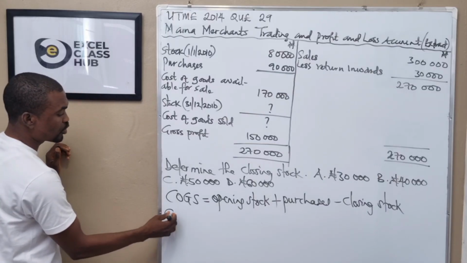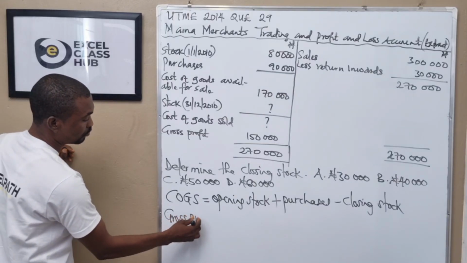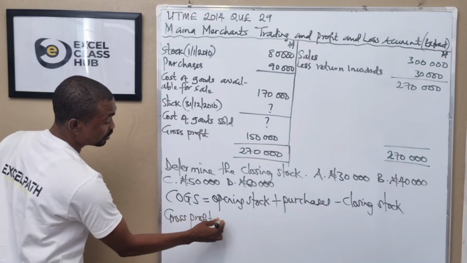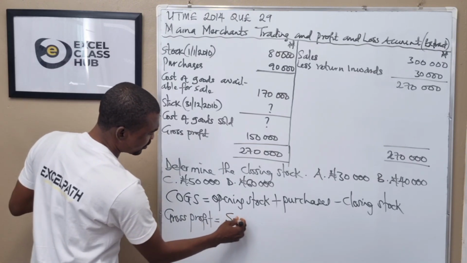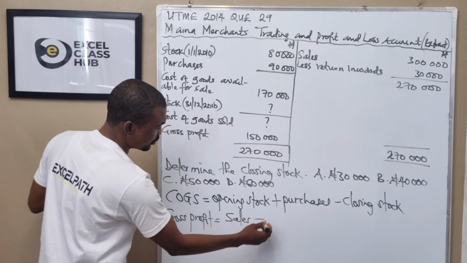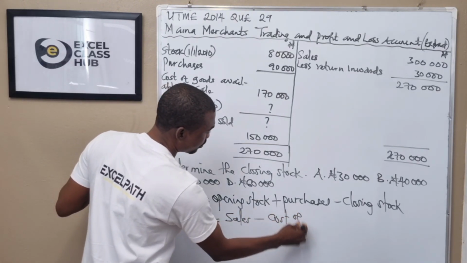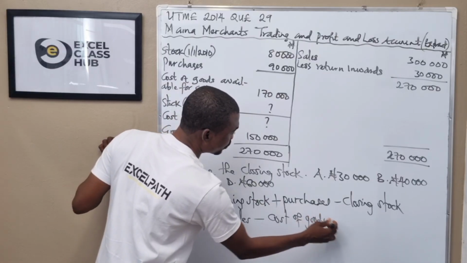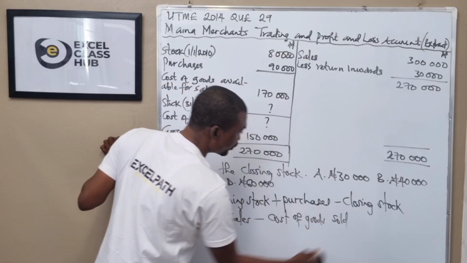Also, our gross profit is equal to sales minus cost of goods sold.